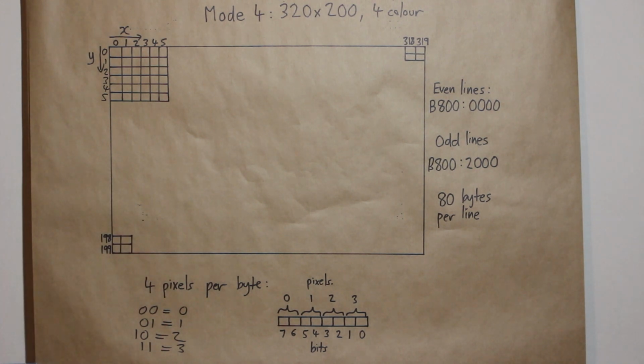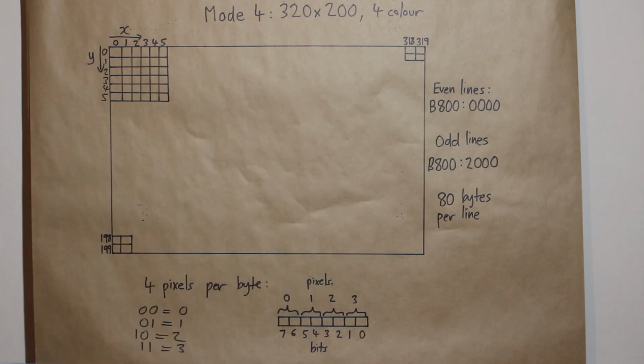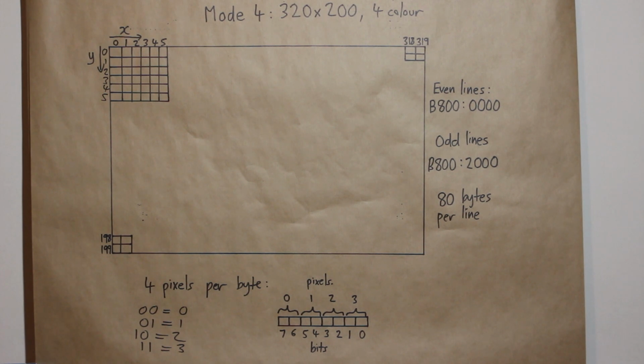But if you're any good at maths, you've already noticed that something doesn't quite add up here. 100 even lines at 80 bytes each would only give 8,000 bytes, and 2000 in hexadecimal is actually 8,192, and not 8,000.